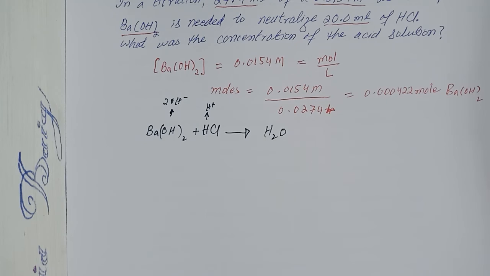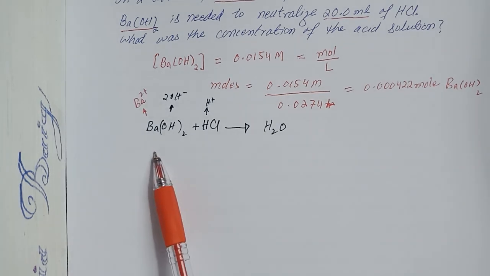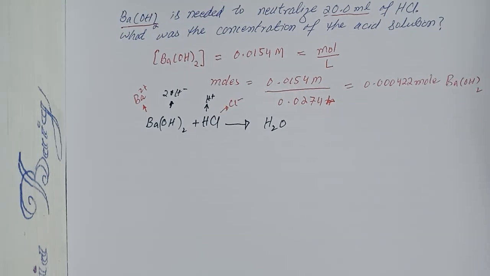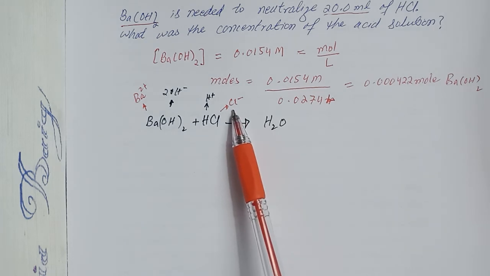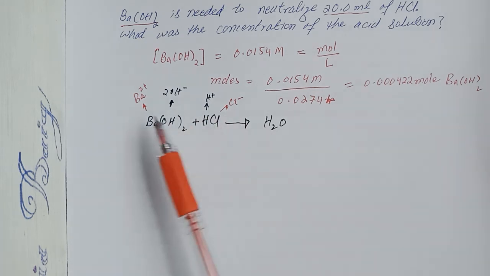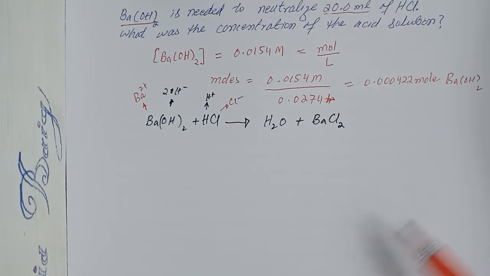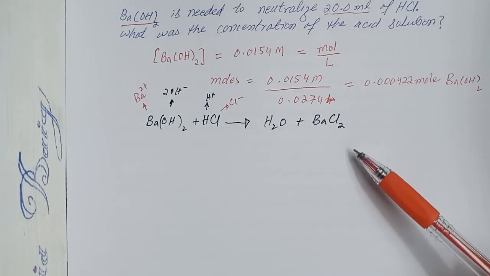The other product that is formed from barium, that is 2 plus, and chloride having charge -1. So in order to have a neutral molecule of barium chloride, we need to have 2 chloride ions to make barium chloride neutral. So here we have barium chloride, other product.